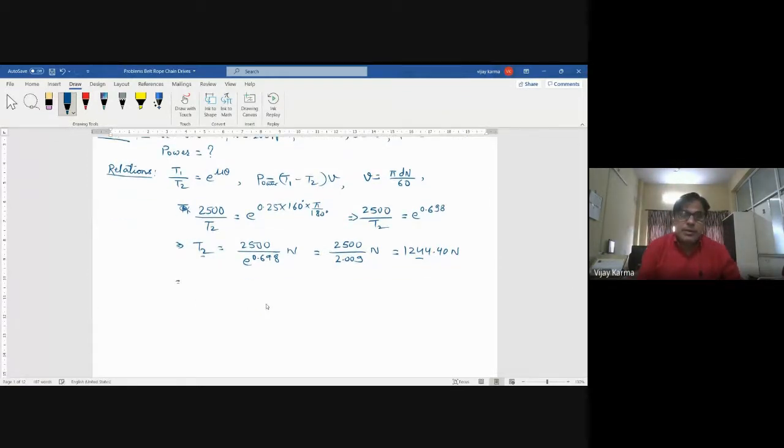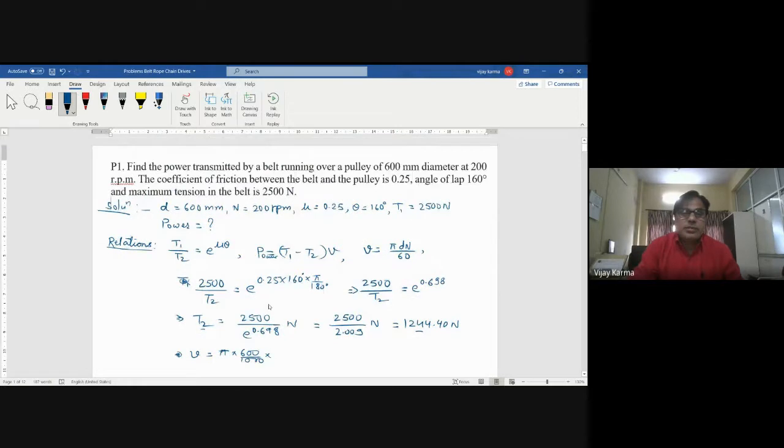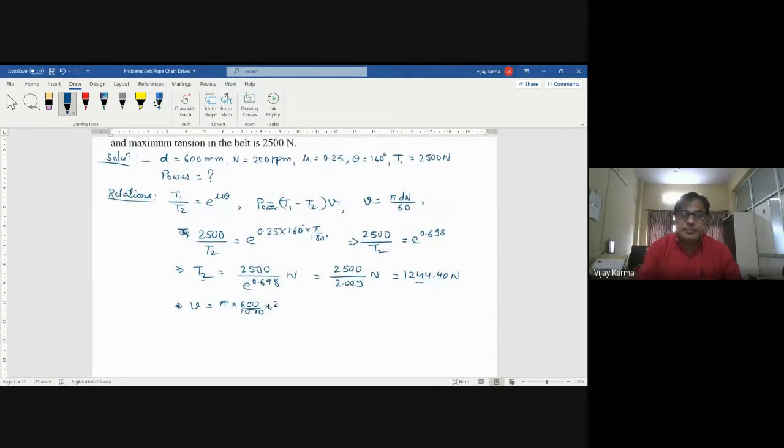So now calculate V. V is equal to pi into D, that is 600 mm by 1000 converted to meters, into 200 rpm divided by 60.